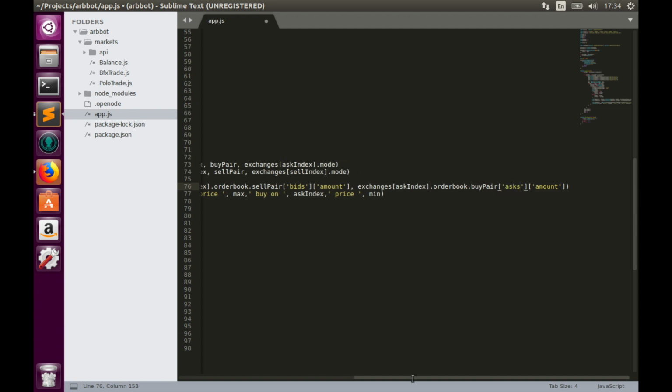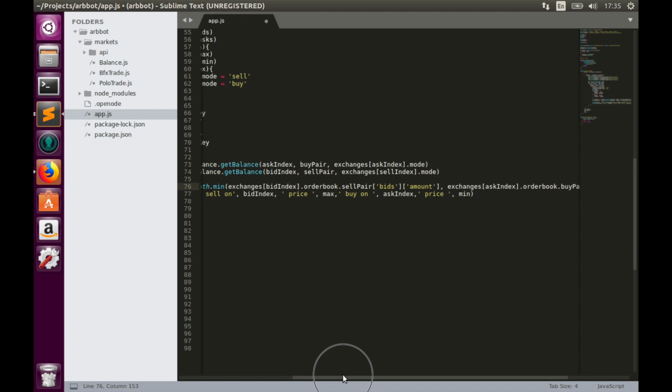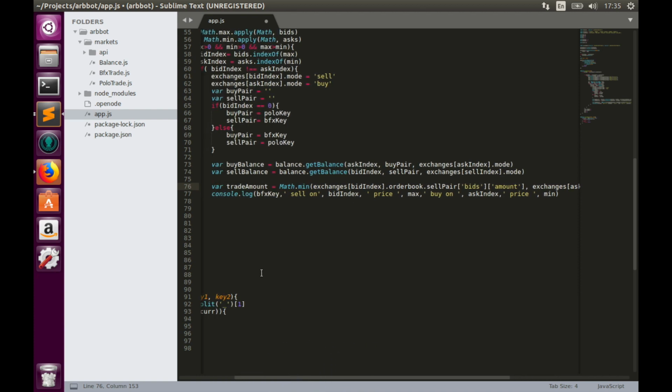Okay, let me explain what all this means. For instance, we are arbitraging Ethereum to Bitcoin, selling on Bitfinex and buying on Poloniex. So because we are selling on Bitfinex, bid index equals 0 and sell pair equals Ethereum to Bitcoin.